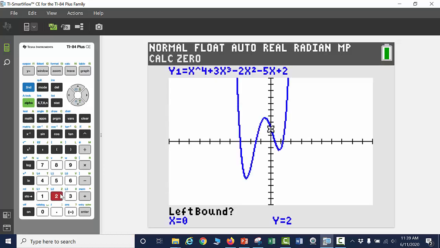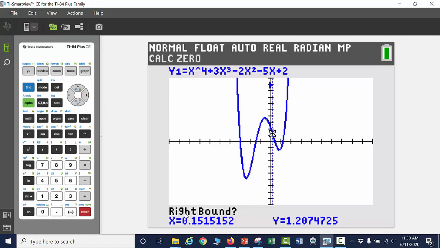So I'll pick 2. And now, let's suppose I want this 0 right here. Or for simplicity's sake, let's just say this one. Notice it says I want to move my cursor, and it says, give me a left bound. So what we want to do is kind of box in where this 0 is. So here it is. Notice my cursor's to the left. I want this 0. I'm going to say enter.